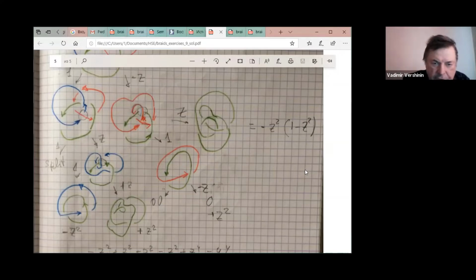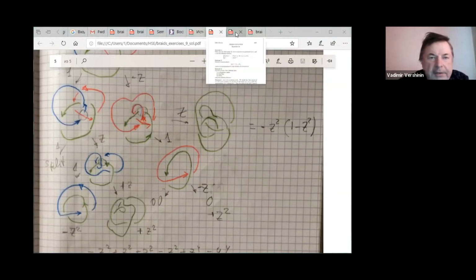Only for Jones they are much more complicated because the skein relation is also not very complicated, but not so elementary as for the Alexander. Okay.